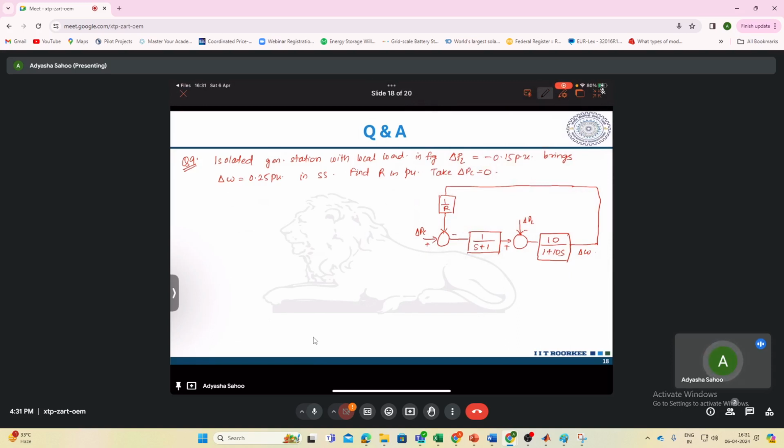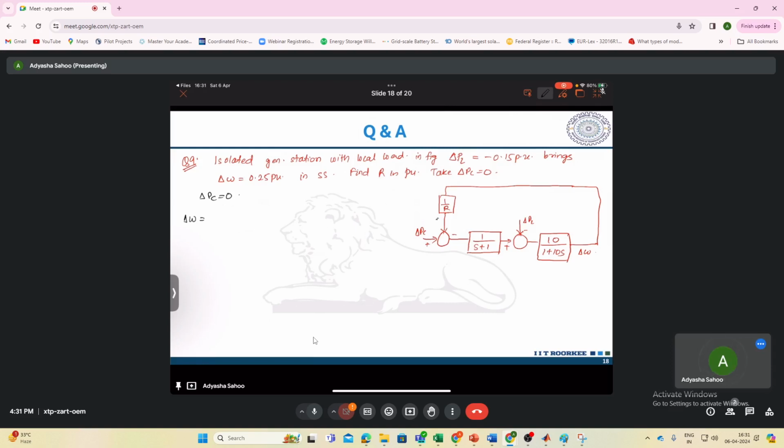So for the first question, delta PC is 0. So here I will get delta omega is equal to, so here delta omega will come at this point, right?